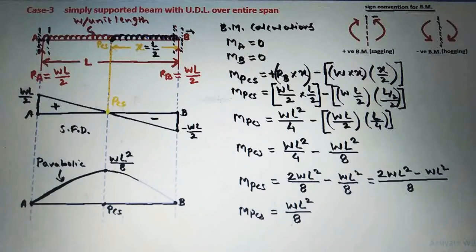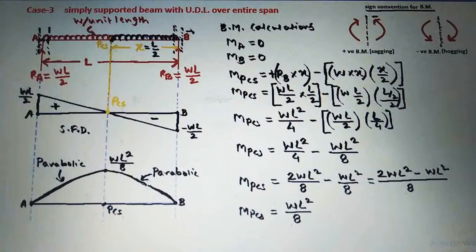So we will join these 2 points, that is point of contrast shear and B, with the parabolic curve, and then we will write here this curve between the point of contrast shear and B in bending moment diagram is a parabolic curve, as the whole portion is above the baseline here.